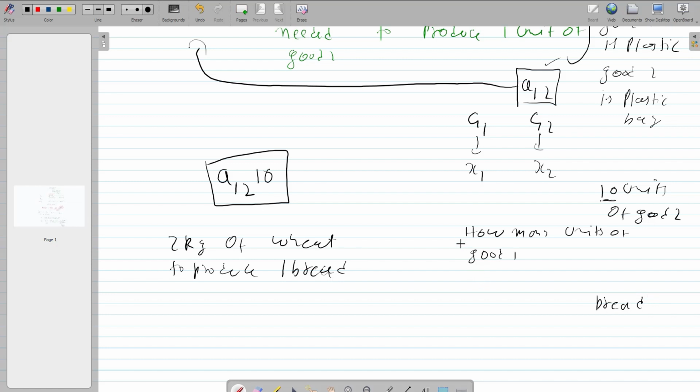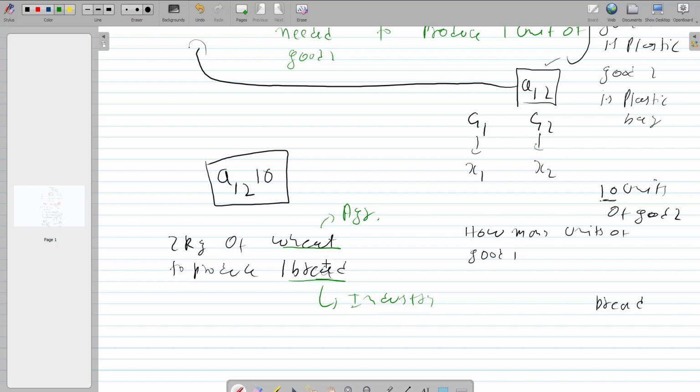Then there is the agricultural industry producing wheat. Wheat is produced by the agricultural industry, and bread is produced by some industry that is converting wheat into bread. Now this industry needs 2 kg of wheat to produce 1 unit of bread.